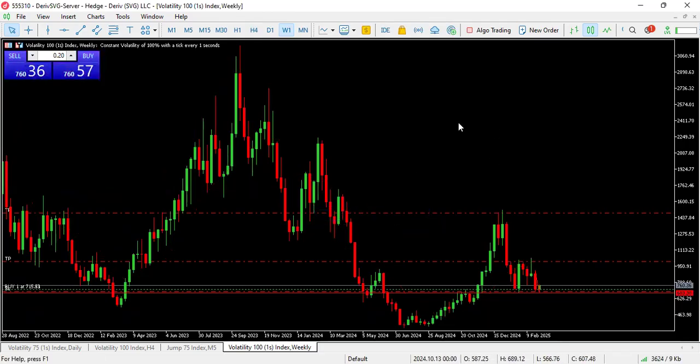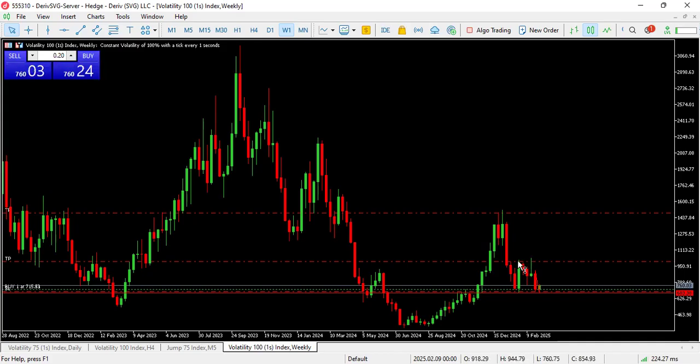With the weekly time frame, you can see that the market has been in a downtrend, but for some weeks now it has been going to the upside, and price pulled down to this level.